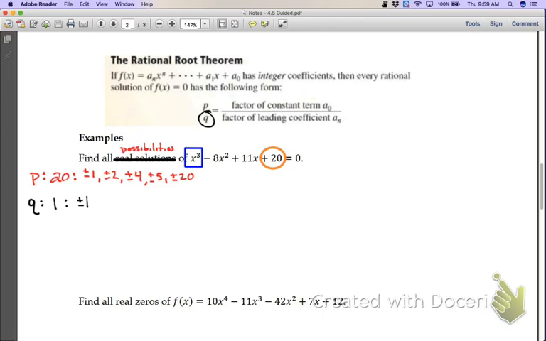So I have all of my numbers of P. I have all of my numbers of Q. All of my factors. So now all I'm going to do is take each one of my values of P, and I'm going to divide it by each value of Q. So what is 1 divided by 1?